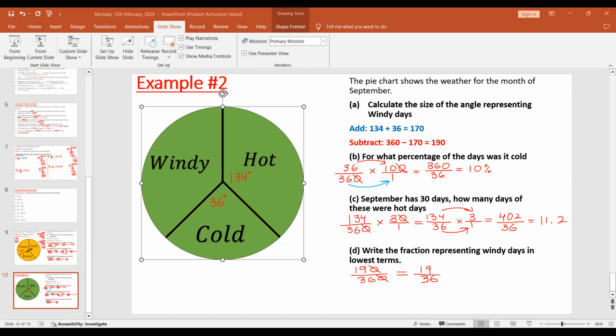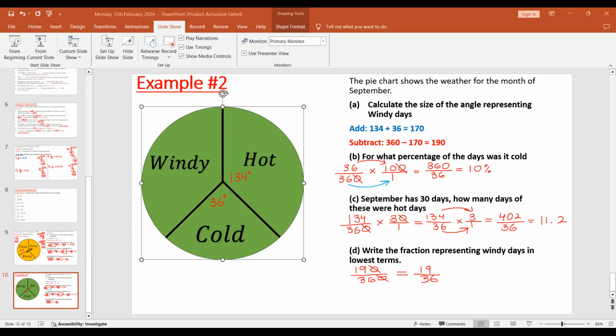And we know that we could cancel out the 2 zeros. Then we say 36 over 36 times 10 over 1. So 36 times 10 is 360, and 36 times 1 is 36. So we get 360 over 36, which is 10%.